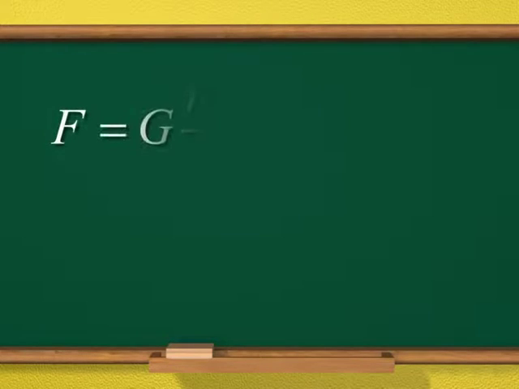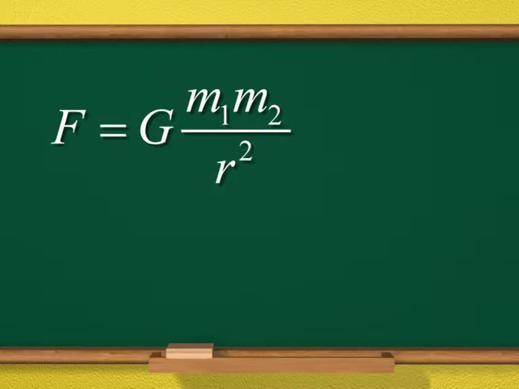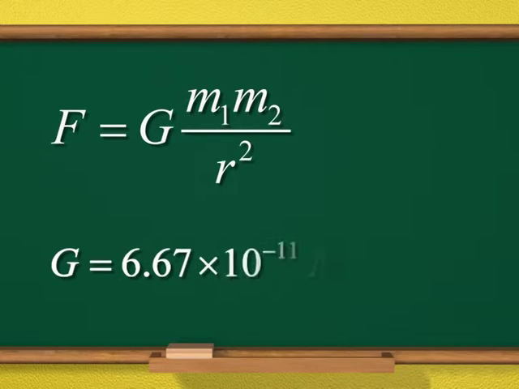In other words, the force of gravitation is equal to G times the product of the two masses upon the square of the distance between them, where G is the universal gravitational constant. And the currently accepted value of G is equal to 6.67 into 10 to the power minus 11 Newton meter square per kilogram square.